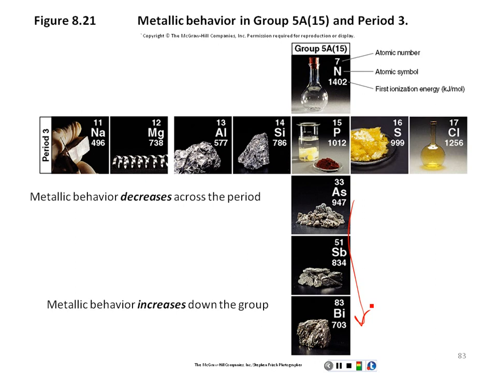If we go across a period from sodium to chlorine, we see that the metallic appearance is decreasing. We go from something that's very shiny, very silver, to something that's a brown gas.